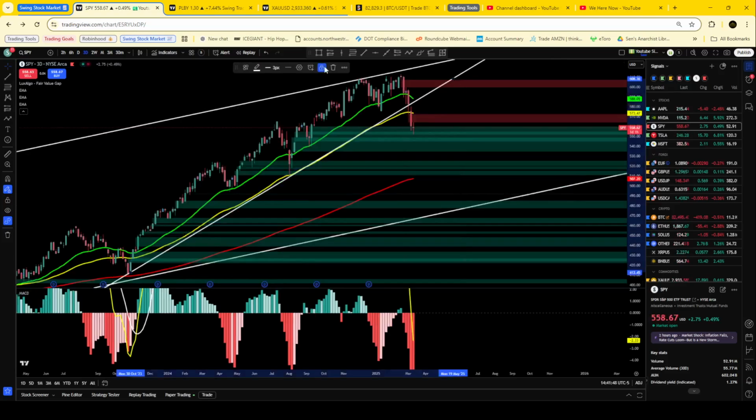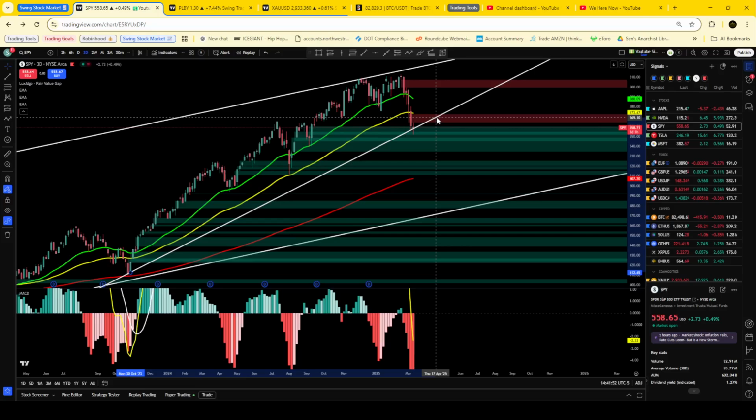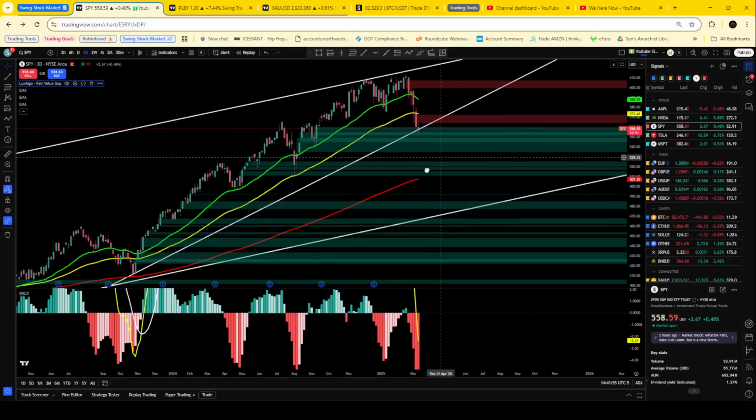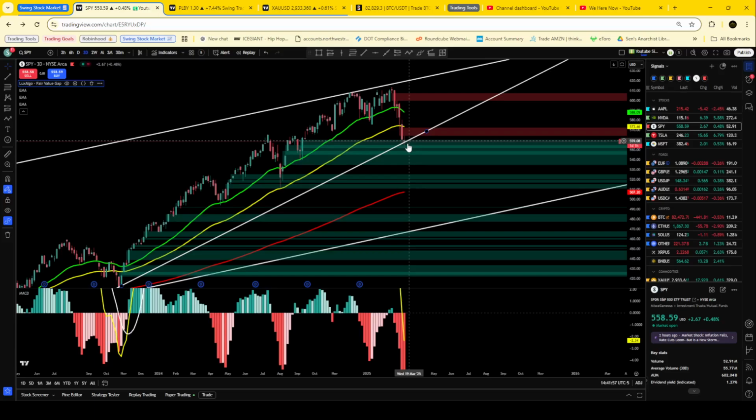We still have another day until the 3 day close, so I'm going to put it right here for now, and then tomorrow, you should always fix your trend lines, every other day or every day. So let's get to it.